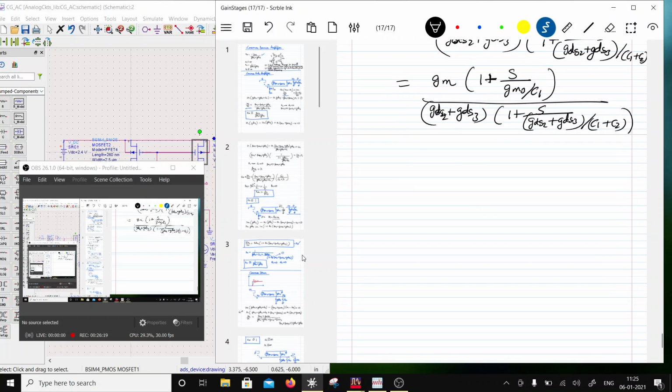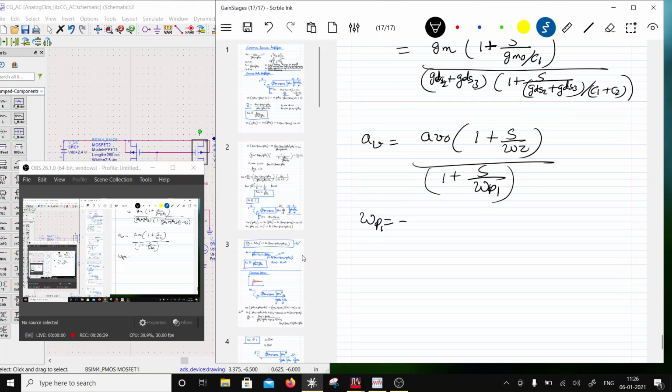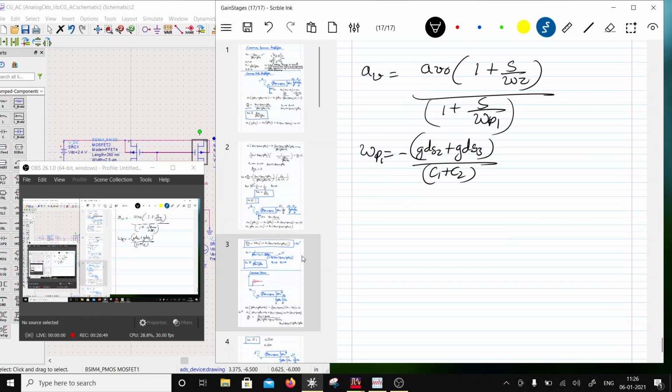Okay, so now what has happened here? AV has become AV0 times of 1 plus S by omega Z divided by 1 plus S by omega P1. So now you see that omega P1 is equal to minus of this number, right? GDS2 plus GDS3 divided by C1 plus C2. So nothing has changed in case I have done a body connection to the source.